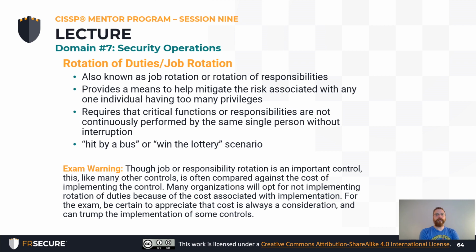So if rotation of duties is going to cost you $50,000 a year for salary and everything, and the risk is that maybe they can steal $15,000, and you've done your whole likelihood and impact analysis, and the likelihood of this happening is pretty minimal, well, it's not a good use of your funds to put rotation of duties in place if that's going to cost you more than what that risk actually presents to the organization.